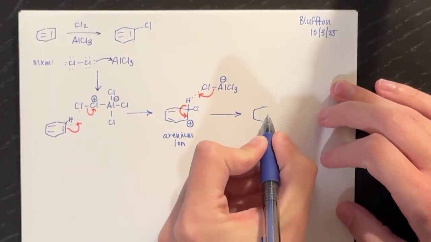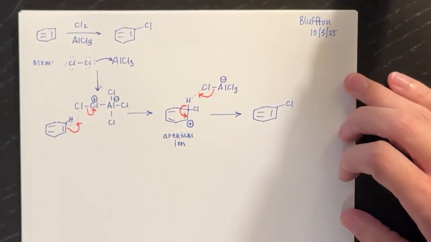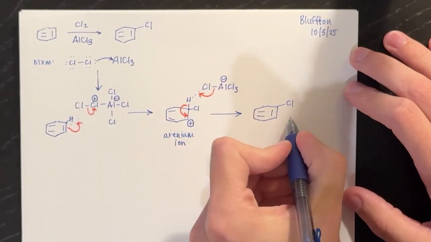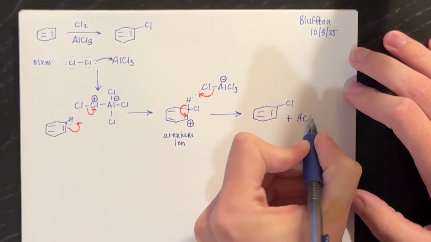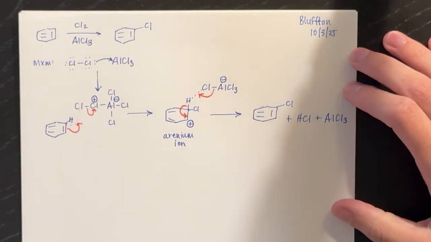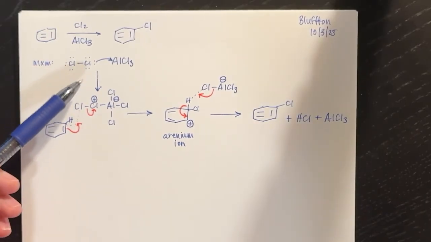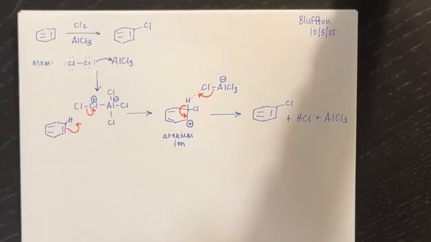So we've substituted the hydrogen for a chlorine, and our side products here are going to be HCl, and we'll regenerate the aluminum chloride catalyst. So exactly the same mechanism as with bromination. It's just we're replacing bromine with chlorine and iron with aluminum. Same charges, same arrows, same side products even.